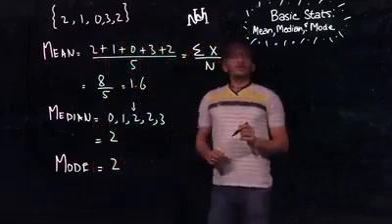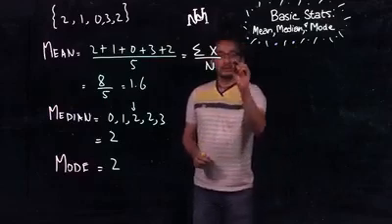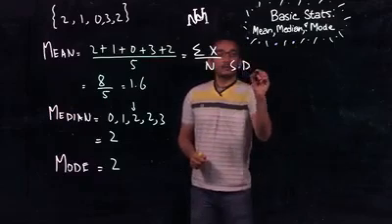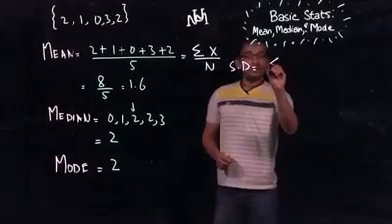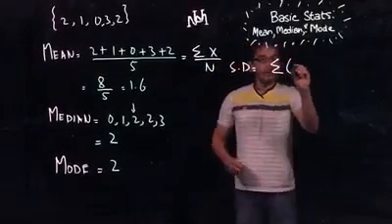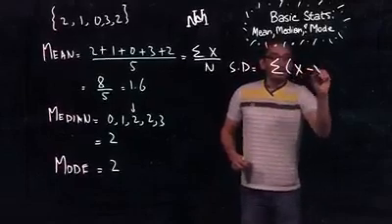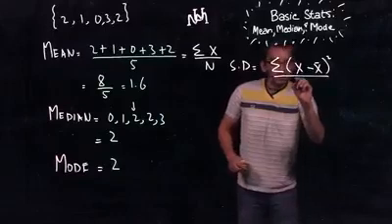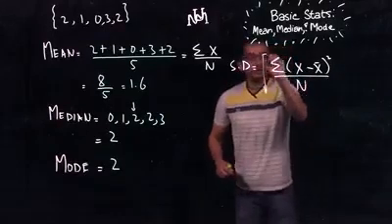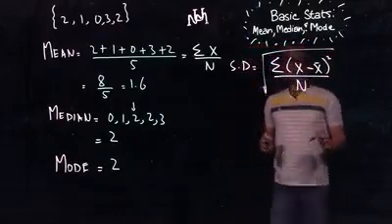So let's look at the formula for standard deviation. The formula looks a little bit funky. If you haven't seen this before, you might get a little bit anxious as to what this is. So this is the formula.